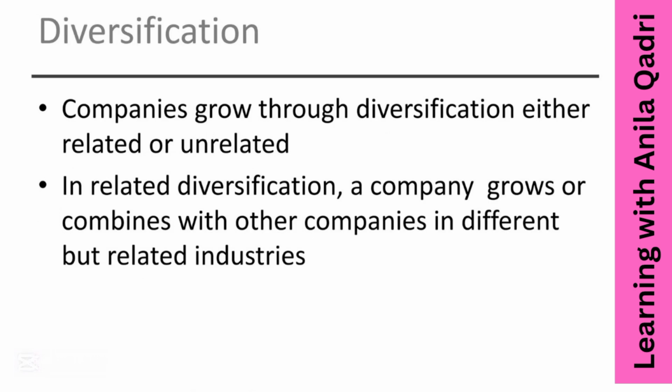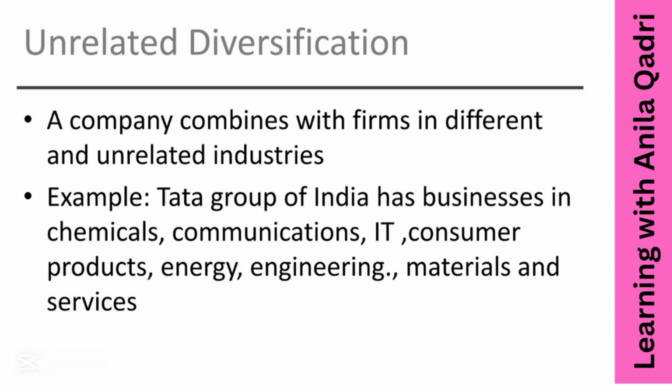What is diversification? Companies grow through diversification, either related or unrelated. In related diversification, a company grows or combines with other companies in different but related industries. What is unrelated diversification?